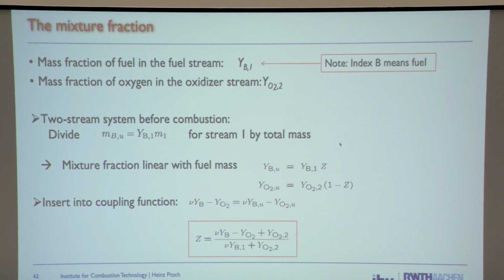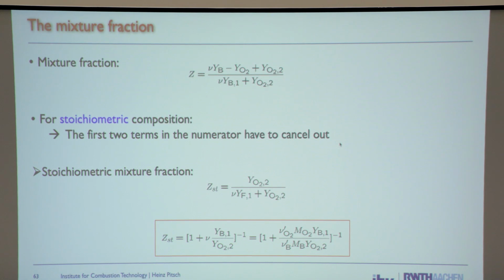So that is the definition of mixture fraction, and you see here it has the mass fractions of fuel in the fuel stream, oxygen in the oxygen stream. These are constants that are given by the boundary conditions, how I define this, and then you see again this stoichiometric mass ratio appearing, and the local concentrations.